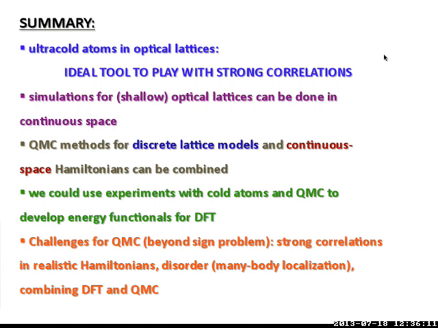A few of them might be, I suggest, that we should try to learn how to simulate strongly correlated systems using realistic Hamiltonians, not just toy models. I think that a big problem that we have not discussed so far, I hope we will, is disorder, in particular many-body localization. And again, maybe we could also try to combine quantum Monte Carlo methods, the good food, with some junk food, so DFT, and see if together we can make a good meal for more people. Thank you very much for your attention.